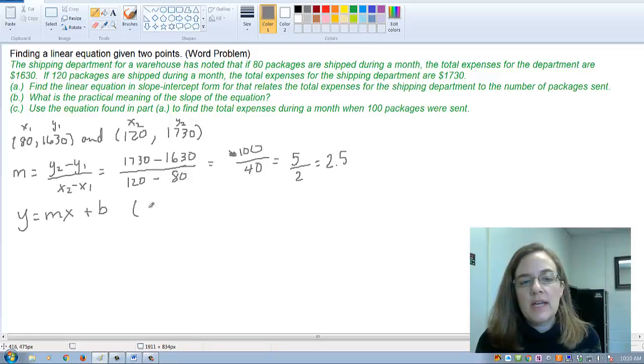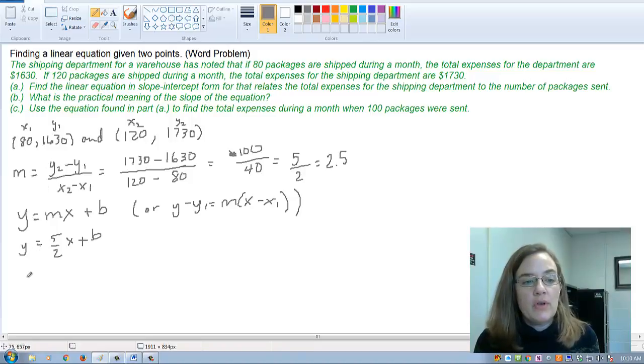You could either use that or you could use y minus y1 is m times x minus x1. Either one, I'm going to put in my 5/2, and I'm going to just pick one of these points. It doesn't matter which one. I'll just use 80, 1630.